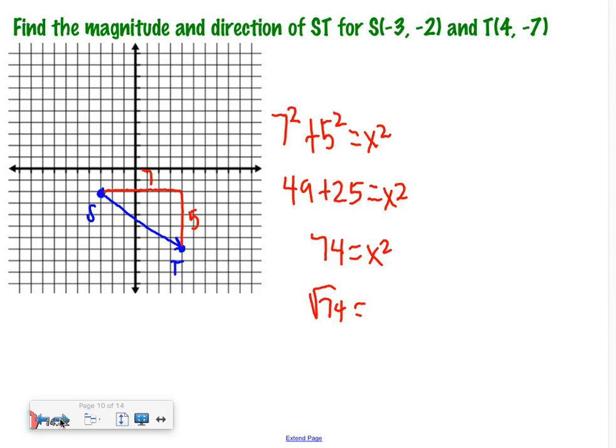What did you guys get approximately for your magnitude? 8.6. Wonderful. Okay, so now remember we're going to put it in standard form, so we have to shift our S to 0, 0 and redraw it.